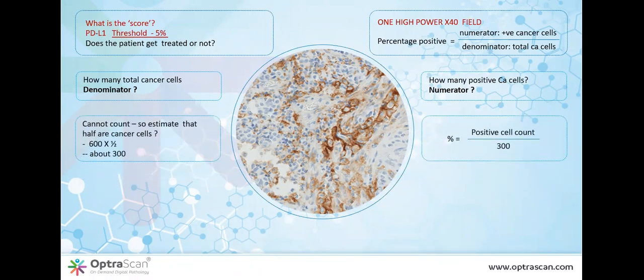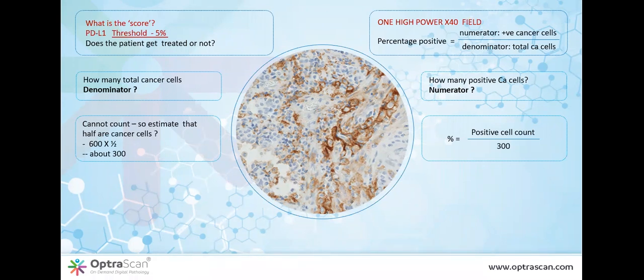Well, in a single high power field, we really cannot count how many cancer cells there are. It's not possible to count them, so we estimate. One can simply do the math, pi r squared for a cancer cell. Let's assume a cancer cell is 20 microns in diameter.